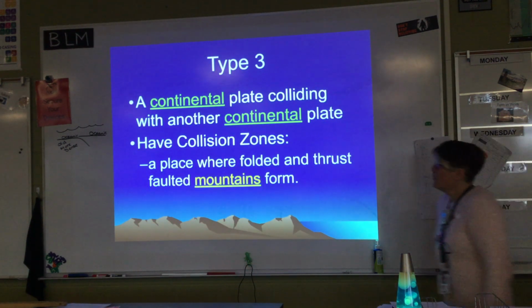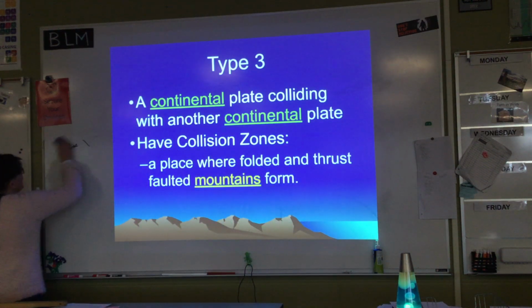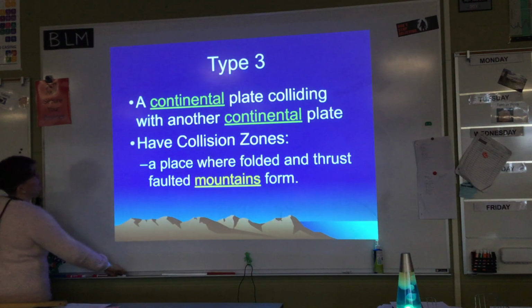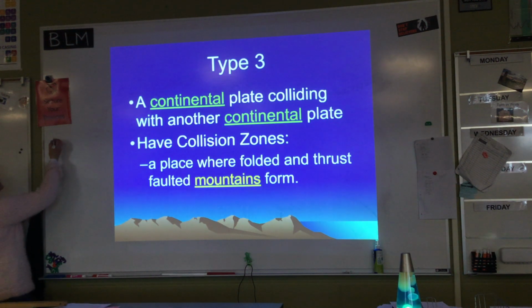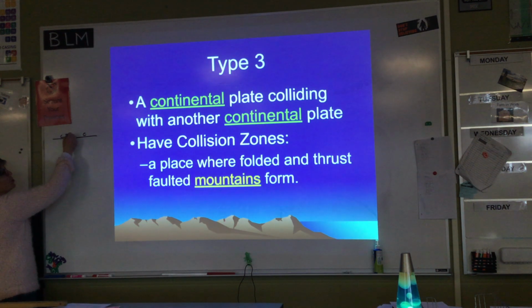Okay, type 3. This is where you have a continental plate and a continental plate coming together. These are the same density. So in this case, you have continent with continent, and what's going to happen at the front is a very slow-moving collision, and you are going to get these folded mountain ranges.